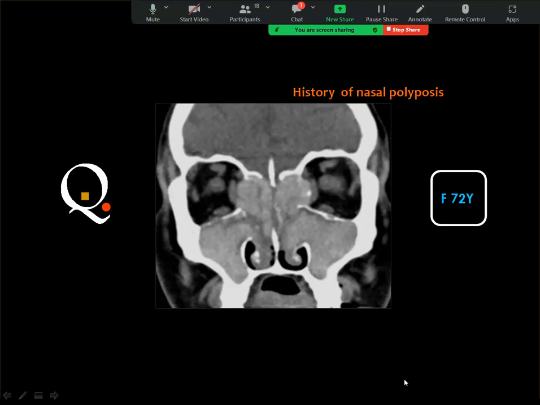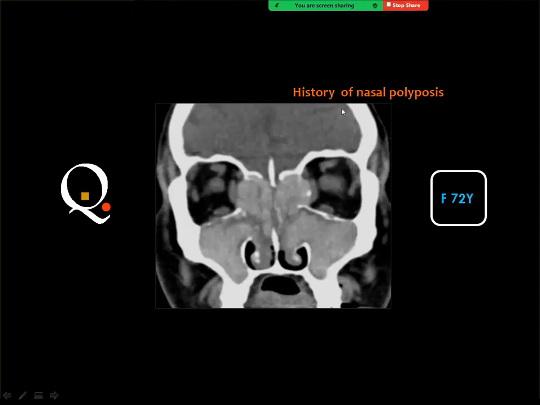Next is a female, 72 years old, with a history of nasal polyposis, and this is a CT scan without contrast for the paranasal sinuses.